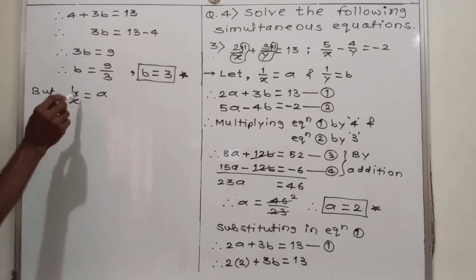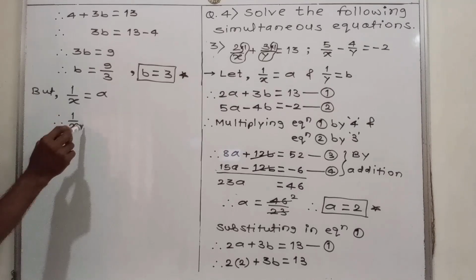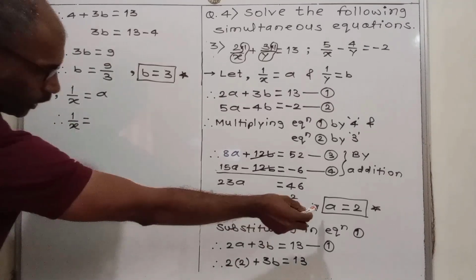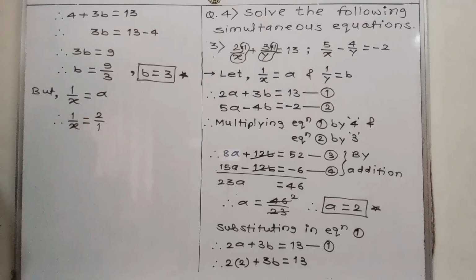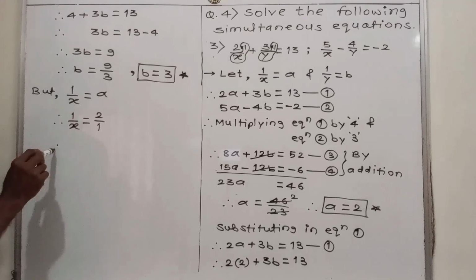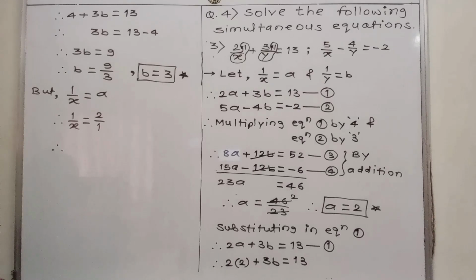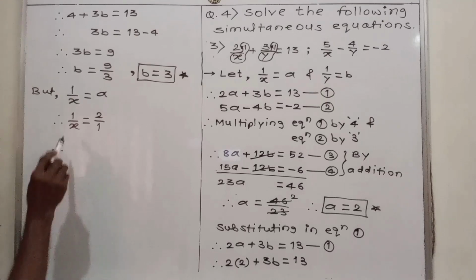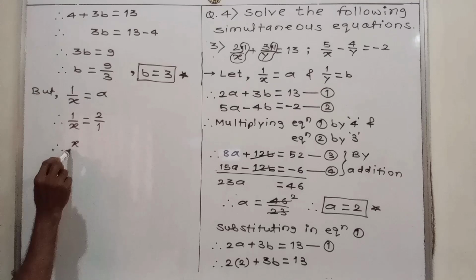So we put the value of a here. Therefore, 1 upon x is equal to the value of a. What is 2? We write this way, 2 upon 1. Therefore, by inverting, you studied that, na? By inverting, the denominator becomes numerator and numerator becomes denominator.